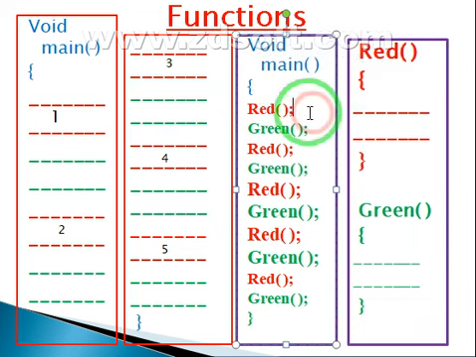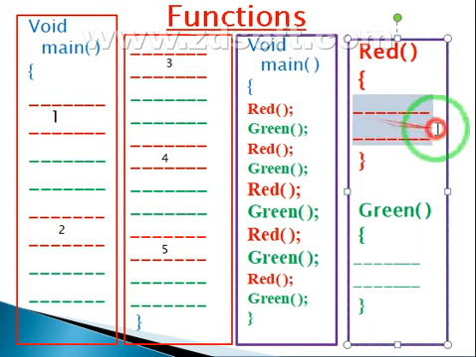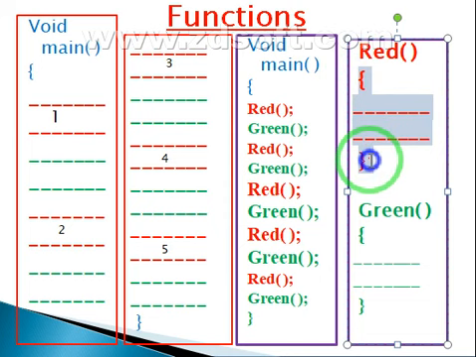Initially the two red programming lines should be in main, so I kept those two lines within open and close braces. This is called the body of the function.